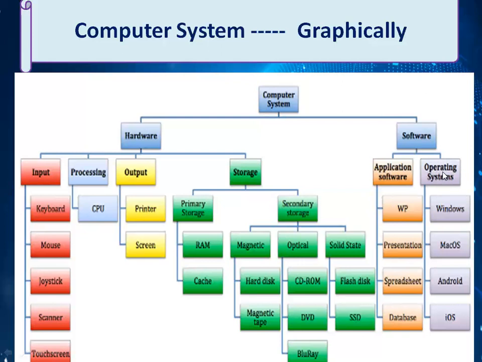In operating systems, we have Windows, a graphical user interface, GUI, operating system. Then we have Mac operating system, Android operating system, iOS operating system. These are the operating systems and the types of system software.